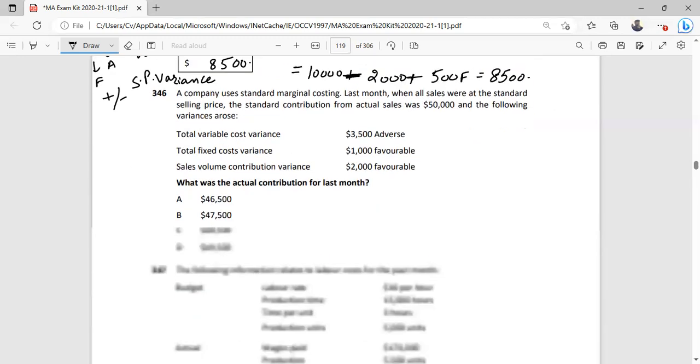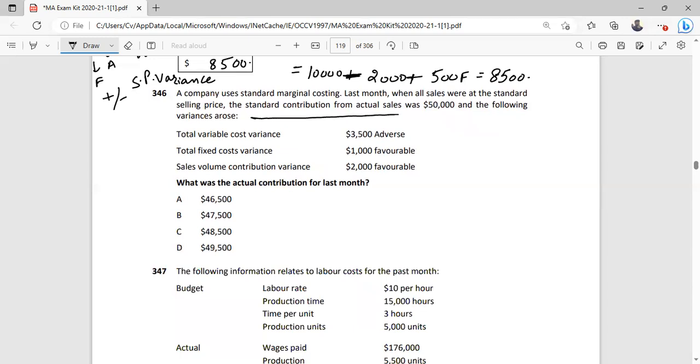Okay. Then a company uses standard marginal costing. Last month when the sales were at the standard selling price, a standard contribution from the actual sales was $50,000 and the following variances arose. Okay, almost the same question we have.